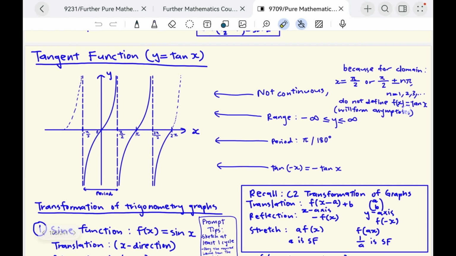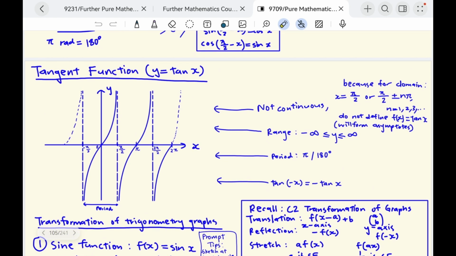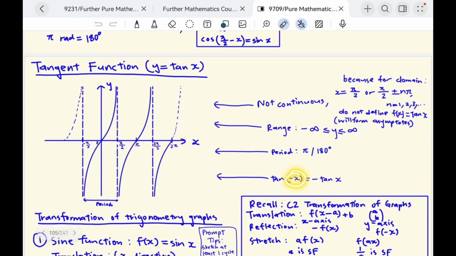So now is the time to explain why the tangent function is an odd function, because this is the reflection, right? If you reflect from here to here, where this is the axis of reflection, your tangent graph will become like this.